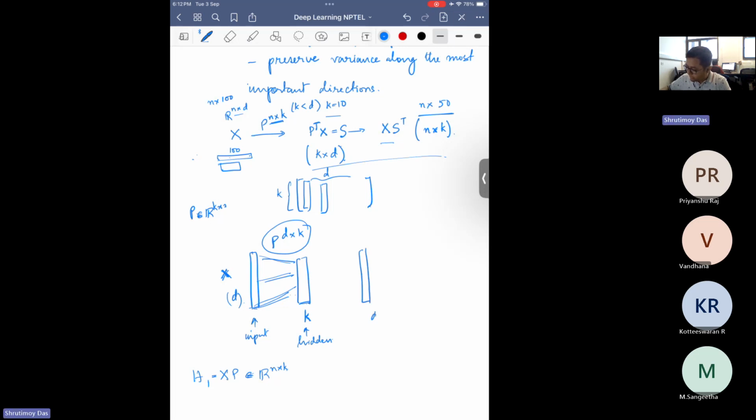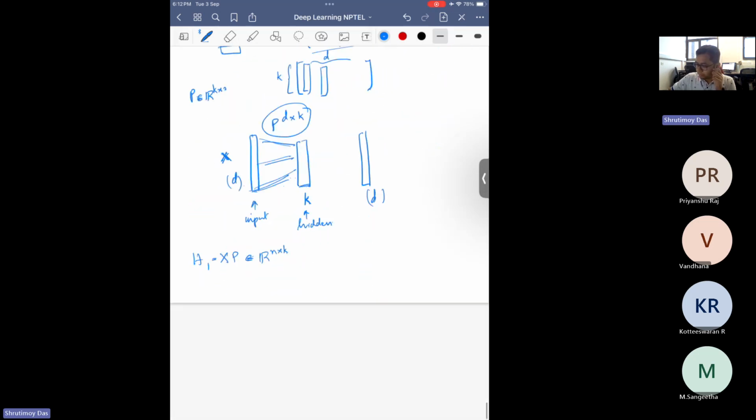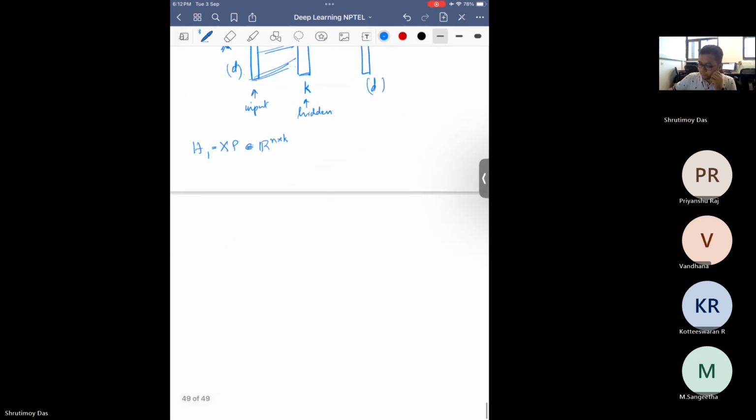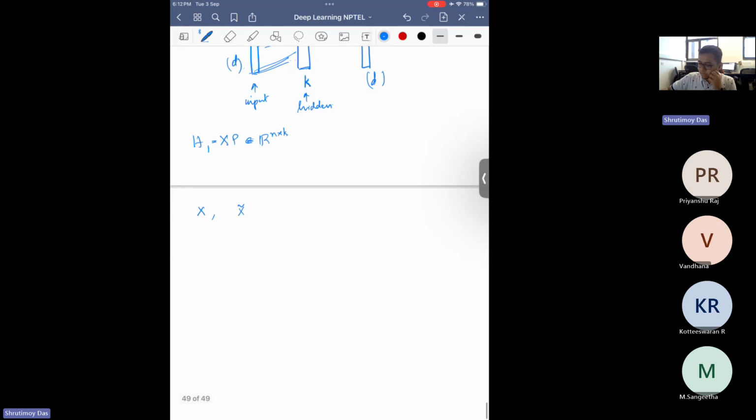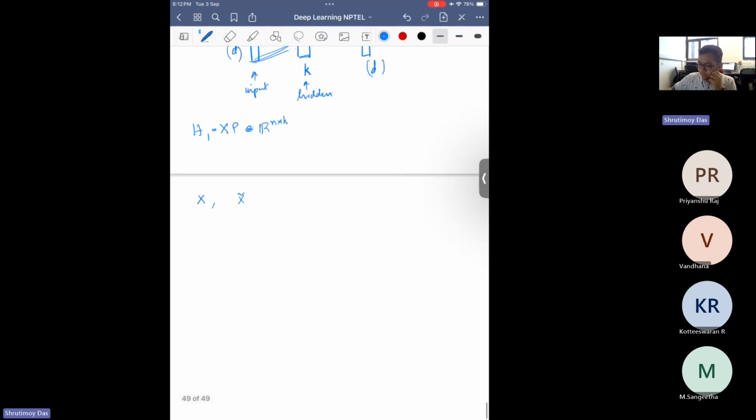If you remember, when we discussed PCA, we talked about how well we are able to approximate the true matrix. Suppose X is your given matrix, and after PCA you get some X tilde, which is an approximation to it.